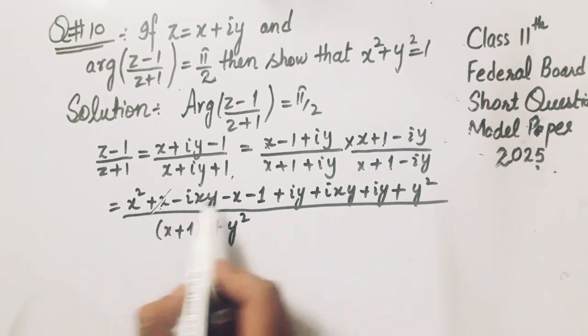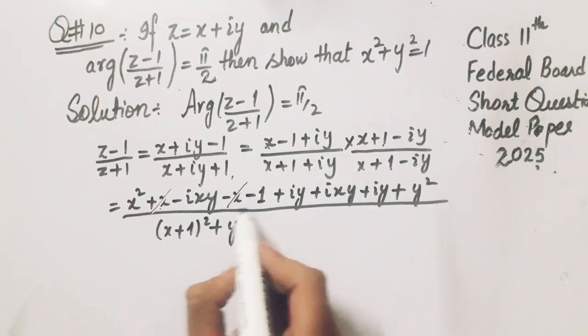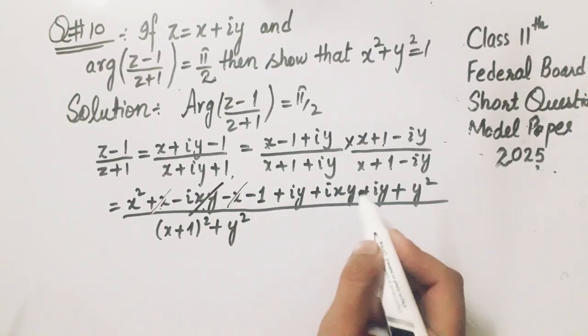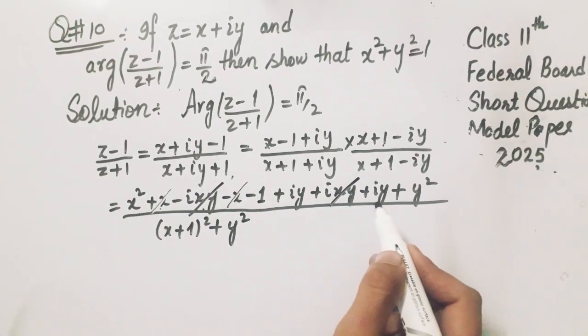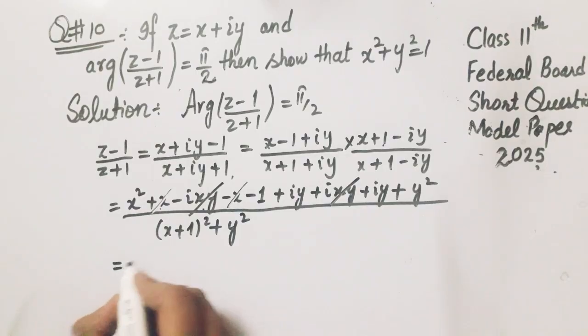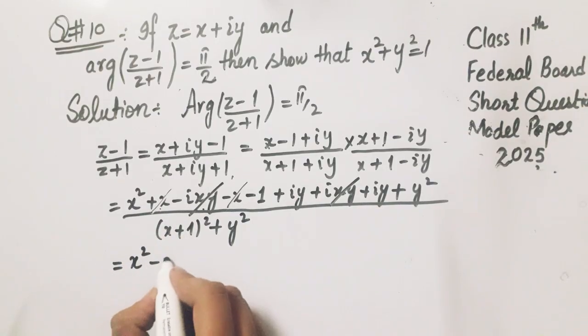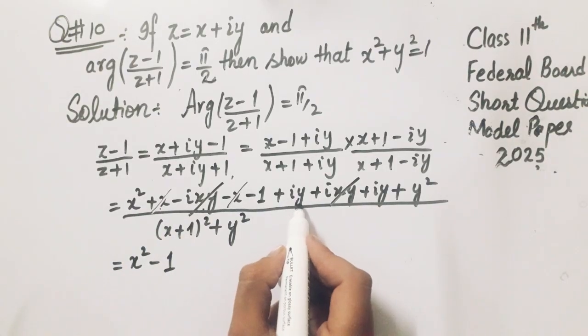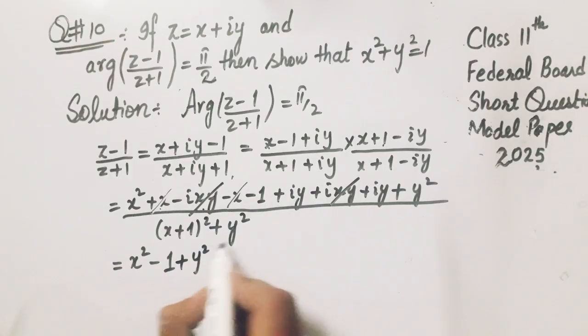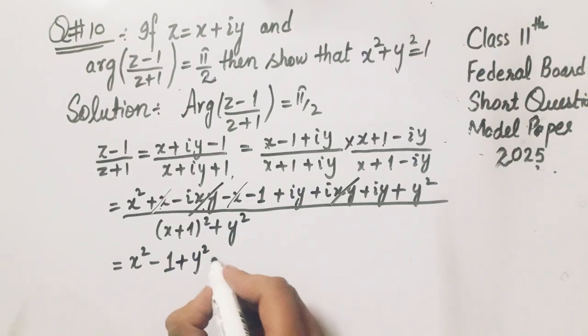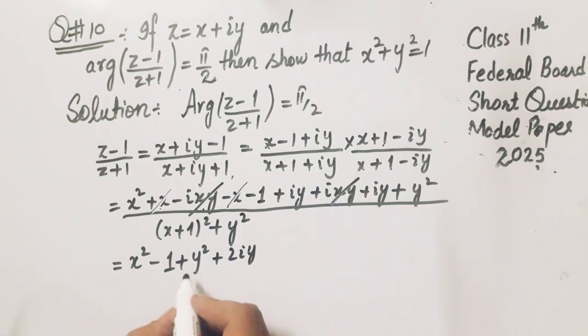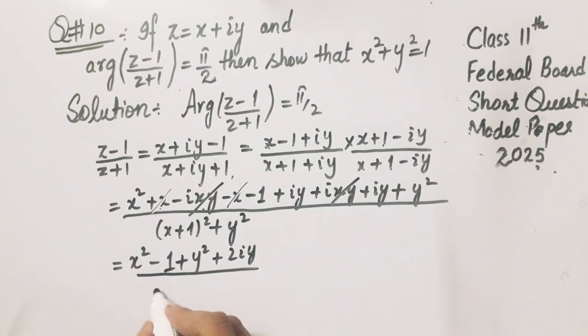Plus x is cancelled by minus x, and iota xy is cancelled by plus iota xy, and we have the real part as x square minus 1 plus y square, and plus 2 iota y, all over (x plus 1) square plus y square.